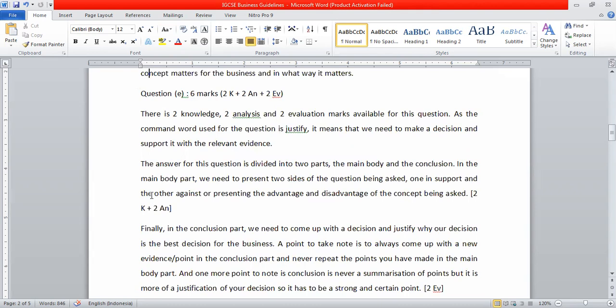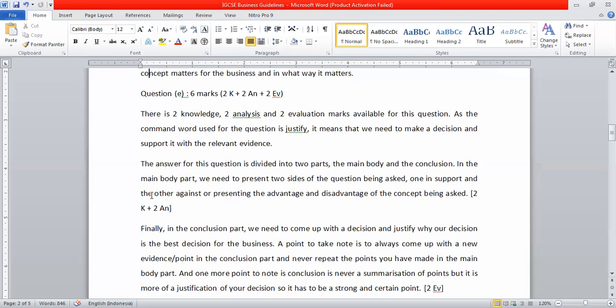For the last one, which is question E in paper 1, the last type is question E. It is also 6 marks. It consists of 2K, 2N, and 2 EV. This is the 6 marks question, and it is the most difficult question in IGCSE Business Studies paper 1.